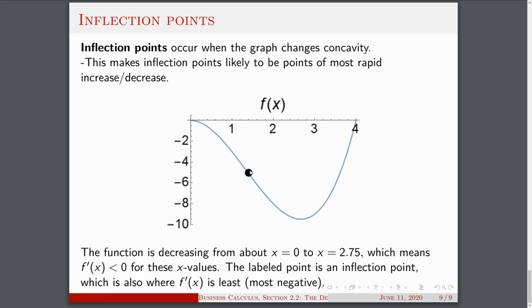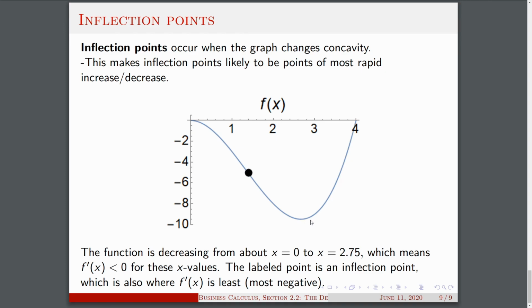It's decreasing most at this point here. It becomes steepest at this point. It's going down by more and more, but then it goes down by less and less. It starts to level off slightly. So this point right here, that's the point of most rapid decrease. It happens at inflection points. So keep that in mind.